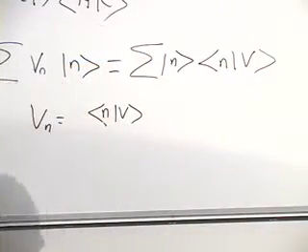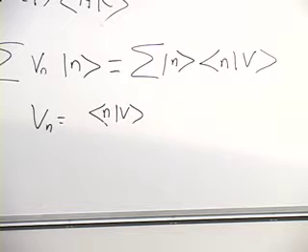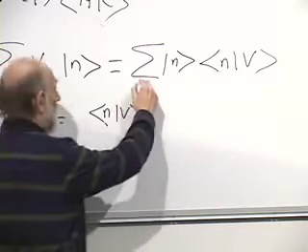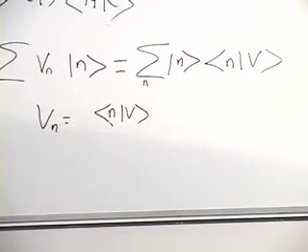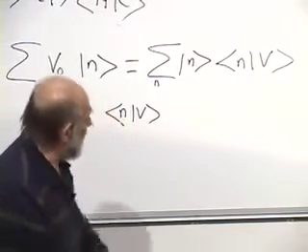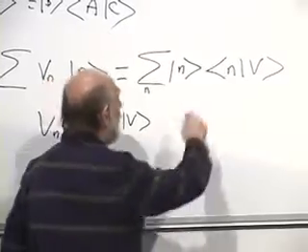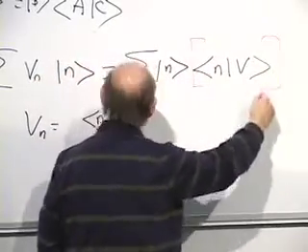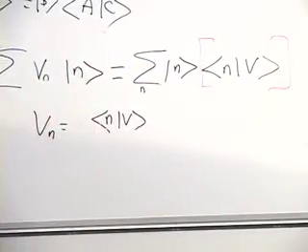You can read this in two ways. Both of them are correct. The sum is, of course, sum over n, all basis vectors. You can say, first of all, that this is just a sum of vectors with coefficients, the coefficients being these v sub n's.